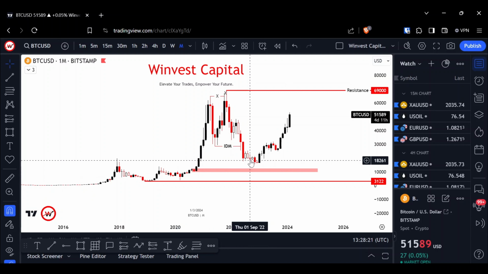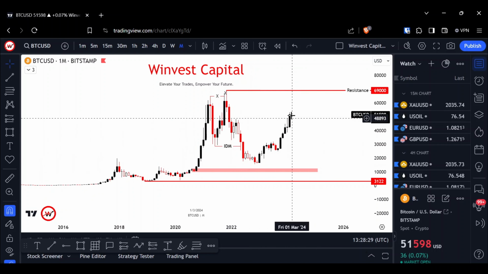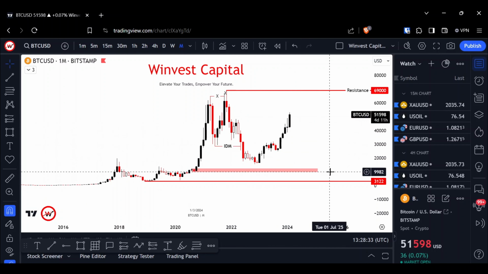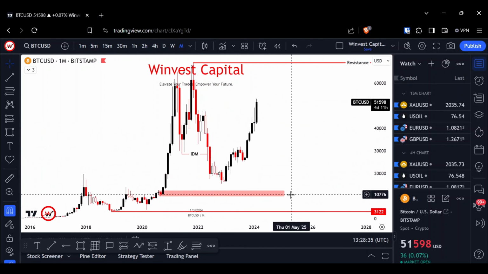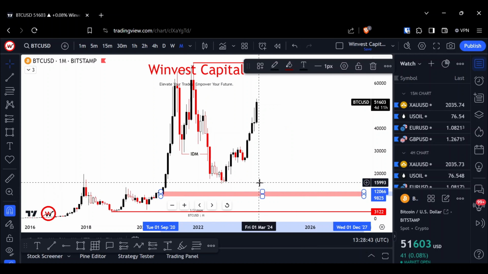Because I like to keep my charts clean, I don't really mark the imbalances, but it hit the imbalance right here and made a run to the upside. This will still be our valid order block or order flow right here, but the order block is, in my opinion, more powerful, so we'll keep it at that.